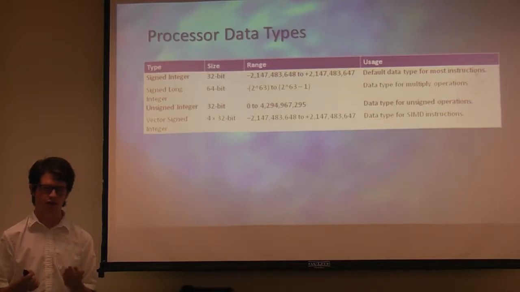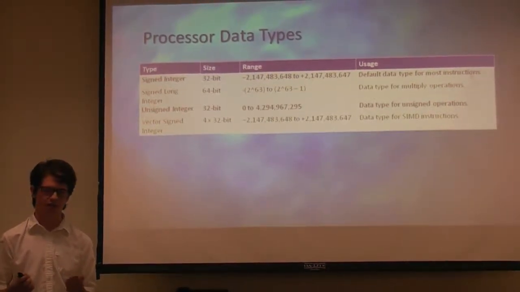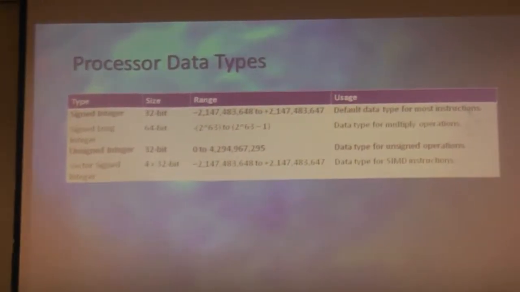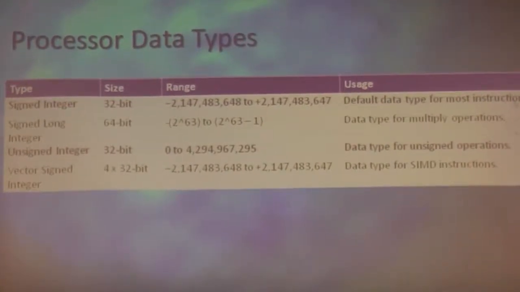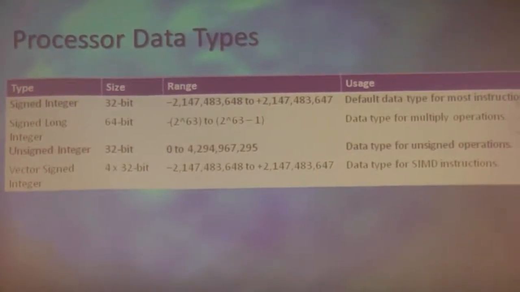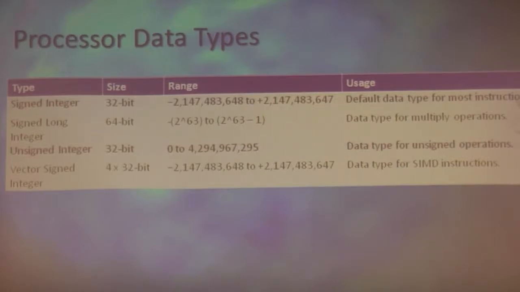So we have four major data types. We have the signed integer and the unsigned integer. So those are both 32 bits. We have a signed long integer, which is the result of multiply operations. You can use both of those separately and simulate 64-bit operands. But for the most part, most people wouldn't be using two 32-bit registers separately. And we also have vector signed integer, which is what the SIMD unit uses.